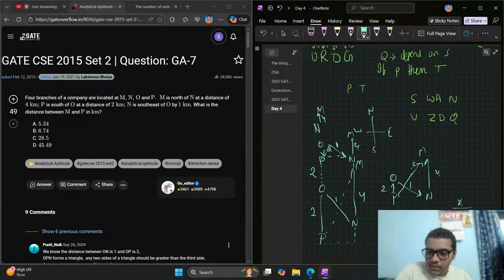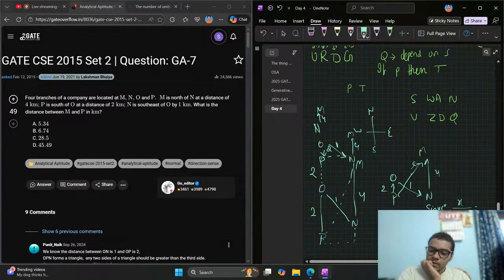This is 1 as well. Oh, wait. Sine 45 is equal to opposite by hypotenuse, x by 1. 1 by root 2 is equal to x by 1. So x is 1 by root 2.